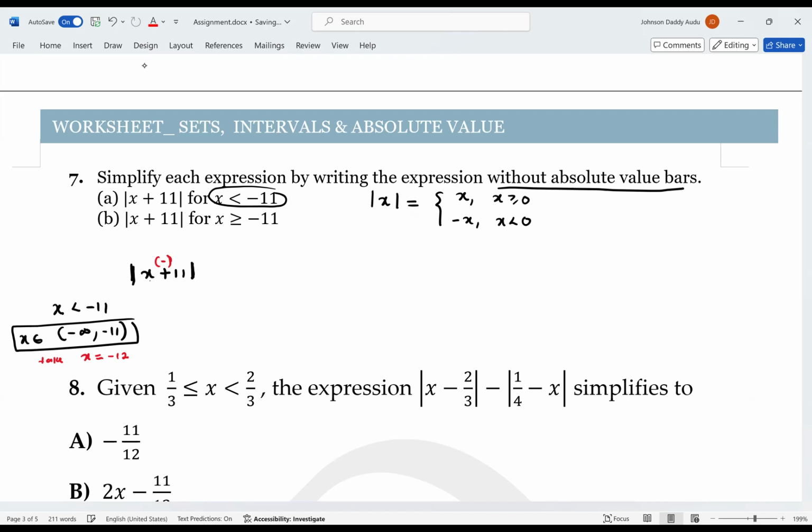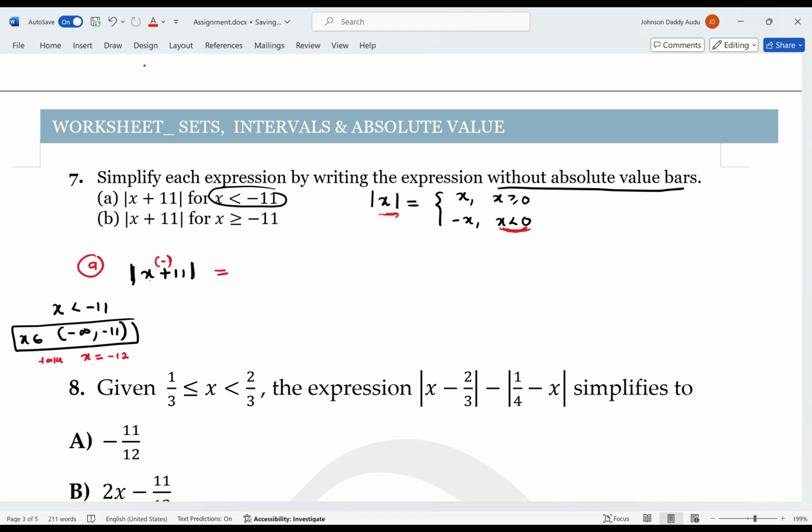So don't forget, we're dealing with the A part now, because for A, we take the condition x less than minus 11. Now, if what you have inside the brackets is negative, just apply the definition of an absolute value. Anytime it is less than 0, meaning it's negative, what will be your answer? Just multiply what is inside by a negative number.